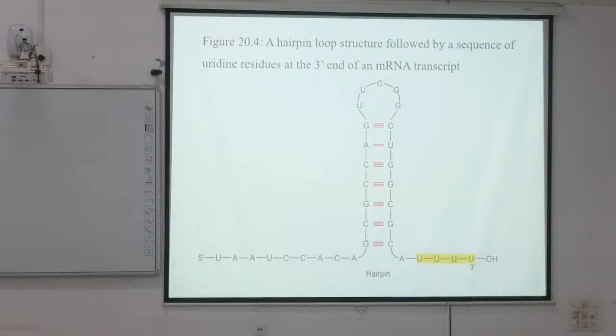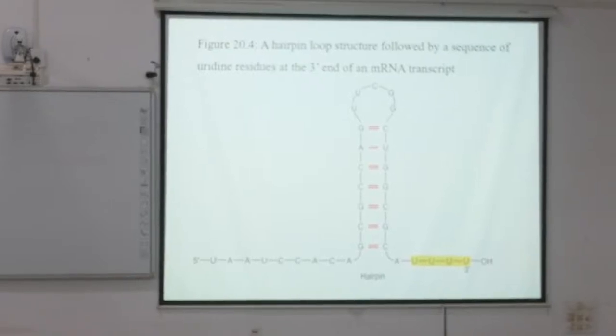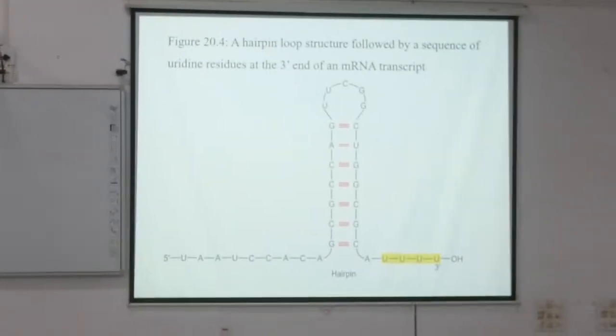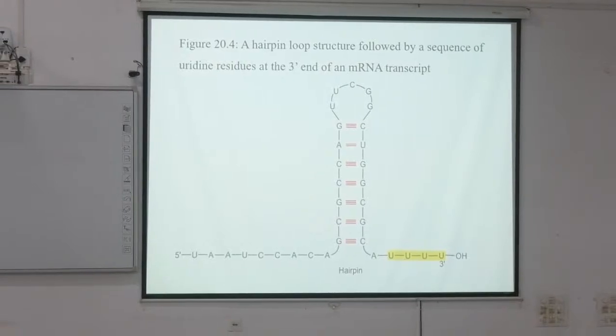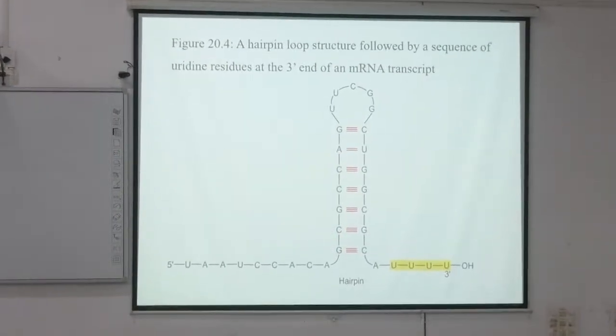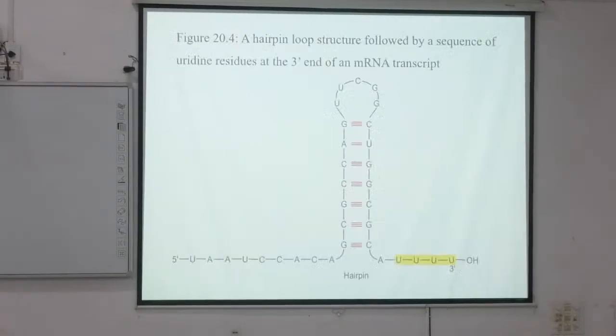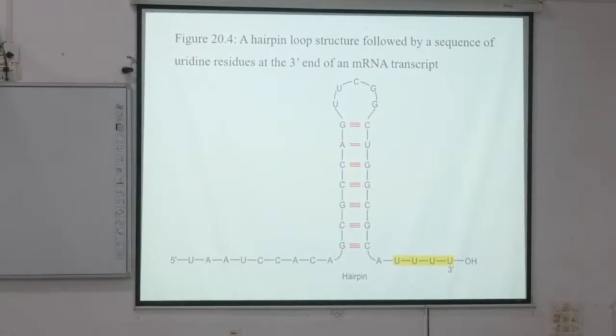This kind of structure is generally formed by RNA molecules, and it is terminated in the last step of the transcription process by GC pairing. Okay? So this is called the rho-dependent termination process.